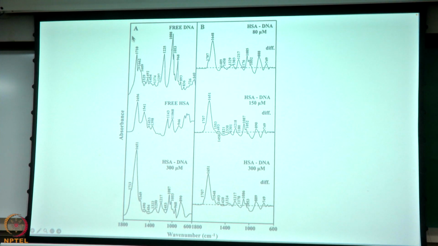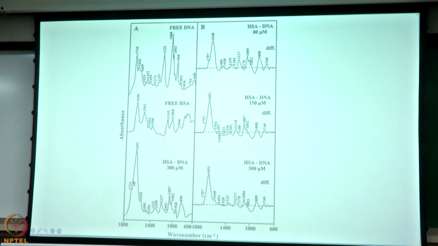Now, I mixed both of these, just concentrate here only, right. I mix DNA with a protein and looked here. You see there is something appearing. What does it suggest? Some interaction is happening, some complex is forming.